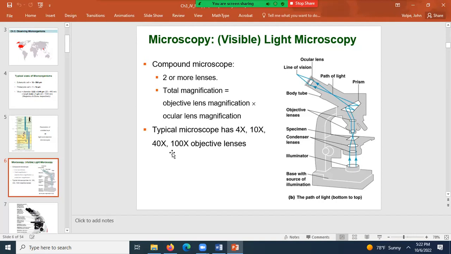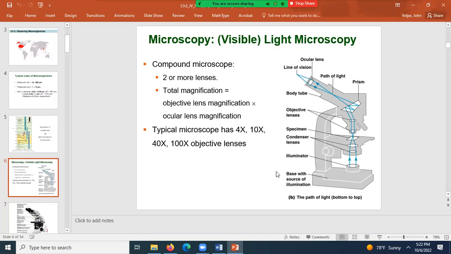But different microscopes might have different lenses. I actually own one that only has 2 objective lenses, and I think it has 10x and 40x for the objective lenses. Now, you don't need to know that. You should just know, typically, you'll work with microscopes in the labs with 4x, 10x, 40x, and 100x objective lenses.